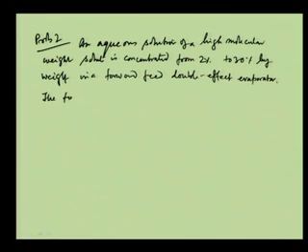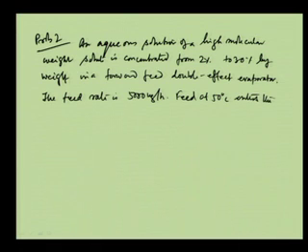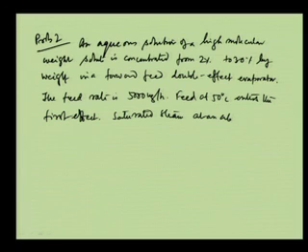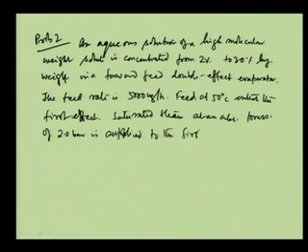The feed rate is 5000 kg per hour, feed at 50 degree centigrade enters the first effect, saturated steam at an absolute pressure of 2.0 bar is supplied to the first effect, naturally.